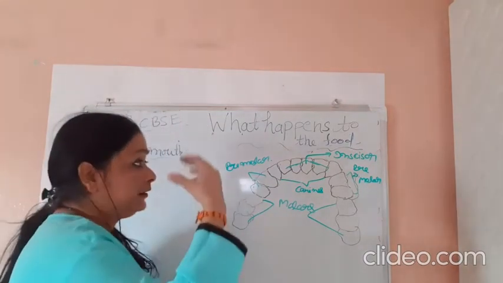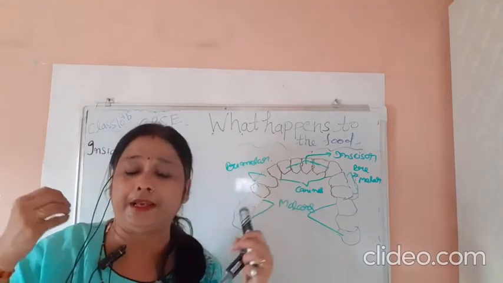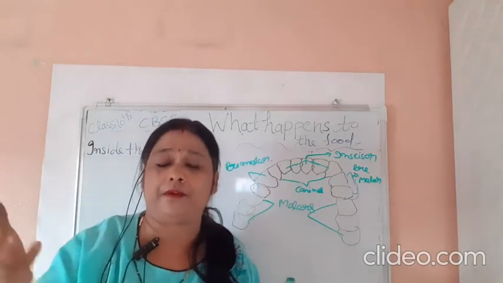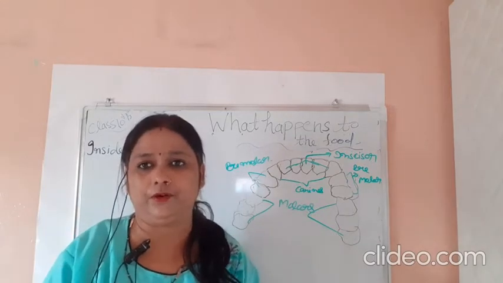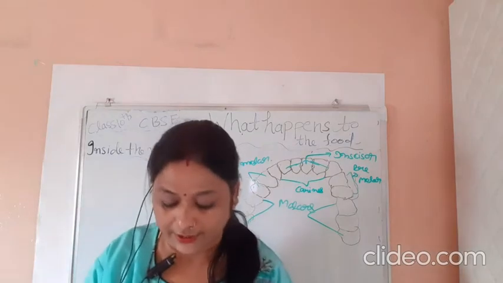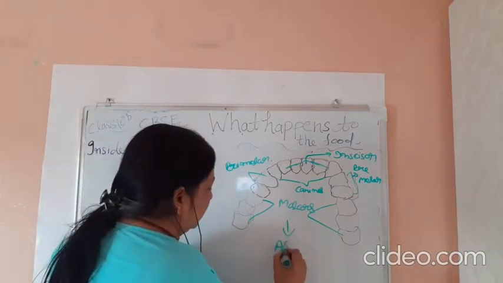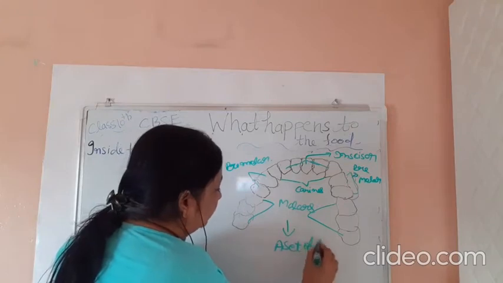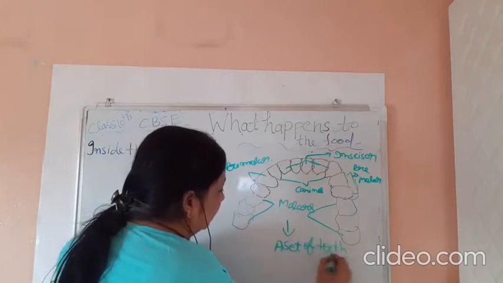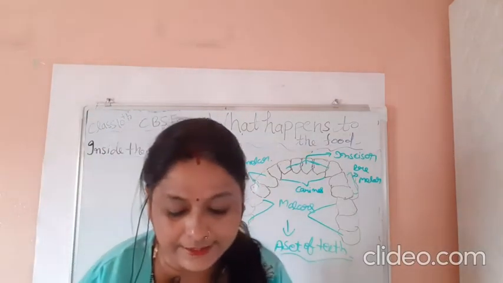Here we only discuss this diagram, and a more detailed discussion about teeth will come in the next video. So this is a set of teeth. Now let's start with what happens inside the mouth.